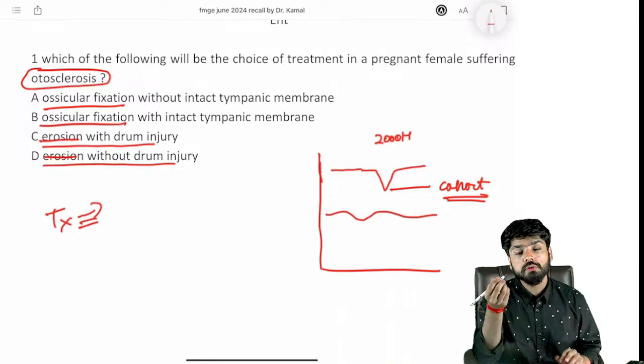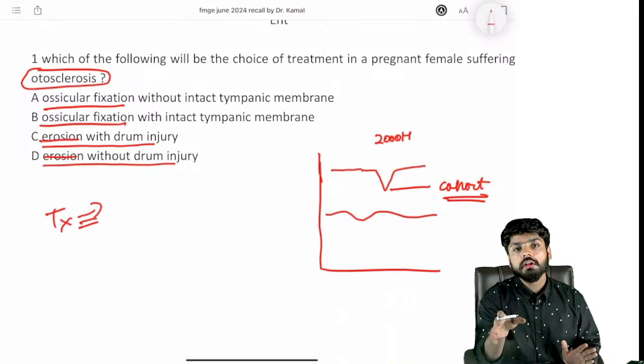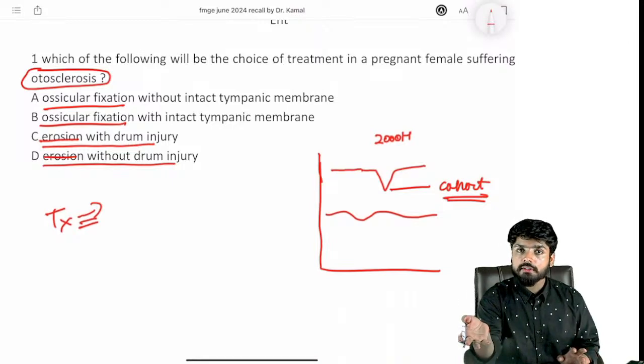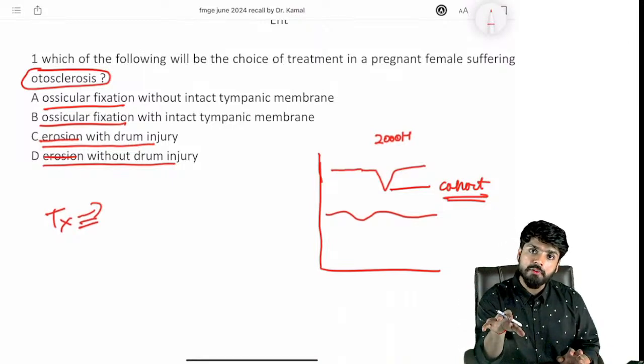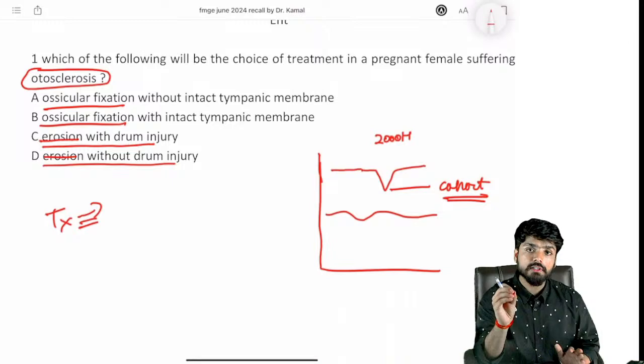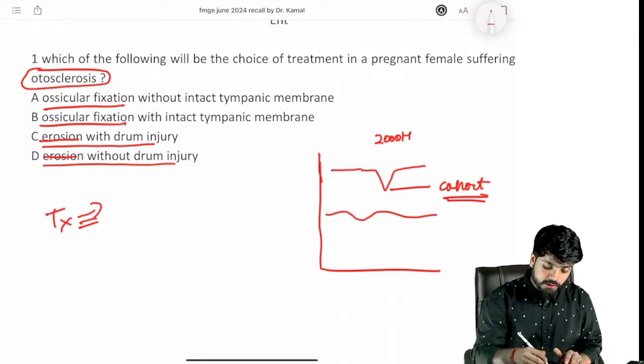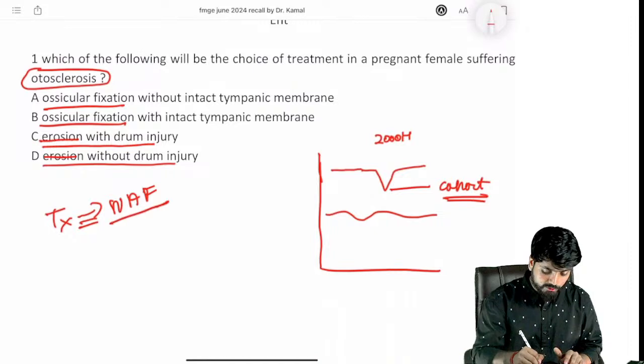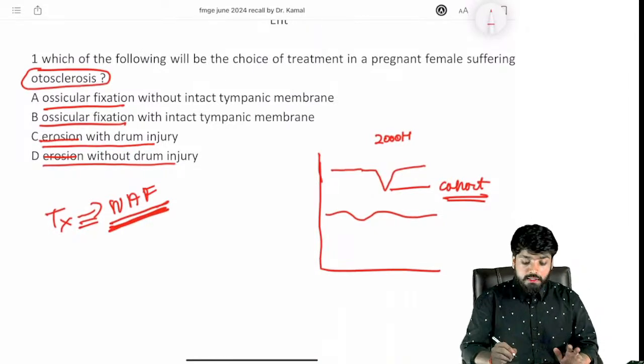What we want to do is to make it mature, because if the disease is already in the active state, whatever procedure you perform, after some time the disease will take over that also. So again you have to reoperate. So we don't need that. First we need to mature the disease. We need to hold the process of the disease, and for that we give sodium fluoride.